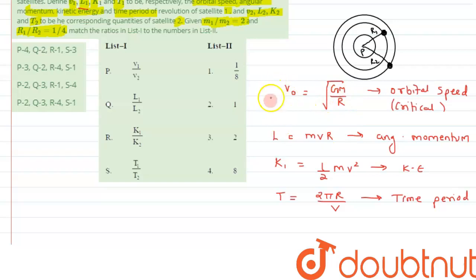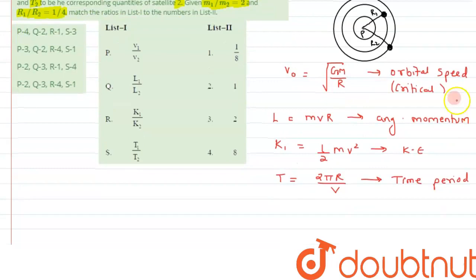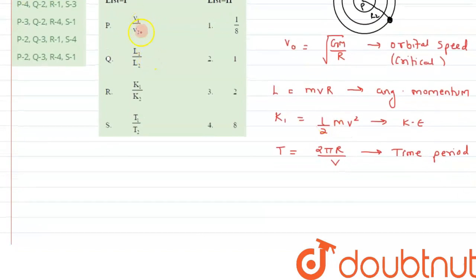By definition, orbital speed is the minimum speed required by the satellite to complete the rotation around the planet, and this is given by this formula. First we have to find the value of orbital speed, v1 by v2.